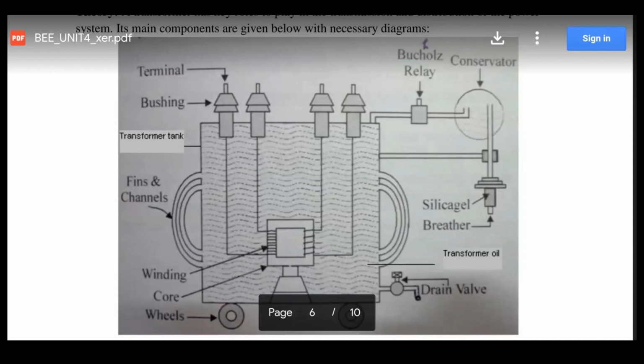Whenever the transformer is in loaded condition, it means that the secondaries are connected to the load, and when the secondaries are connected to the load, the current will be drawn from the primary side to the secondary side, and whenever there is the flow of current, heat is produced in the form of loss, or you can say I square R loss.